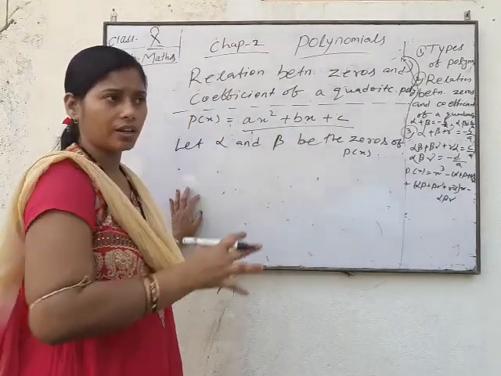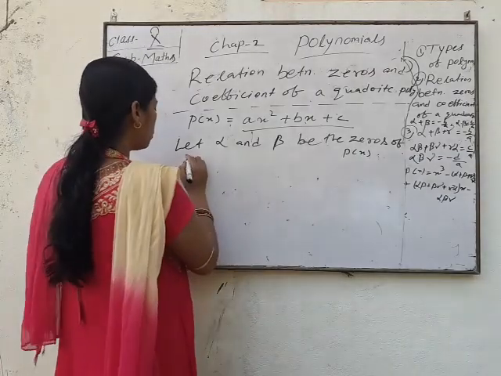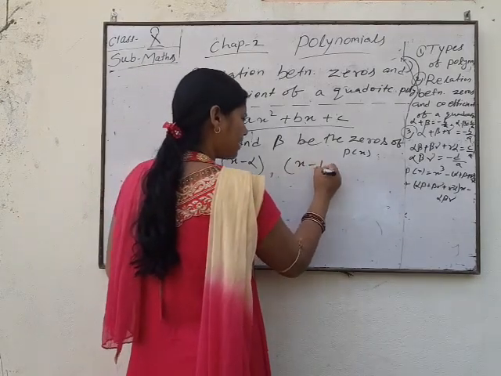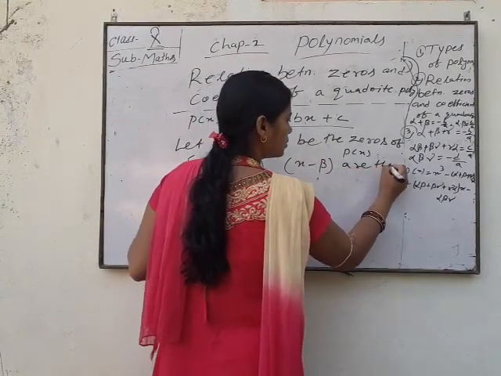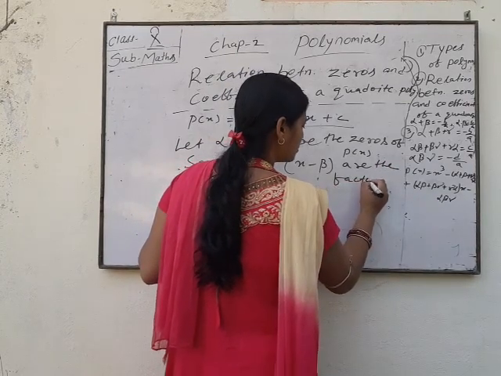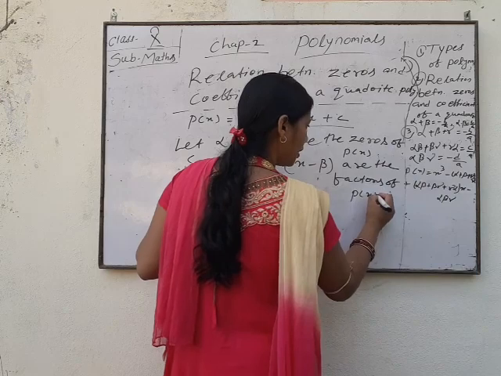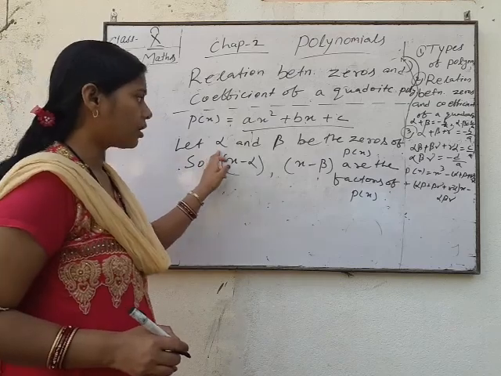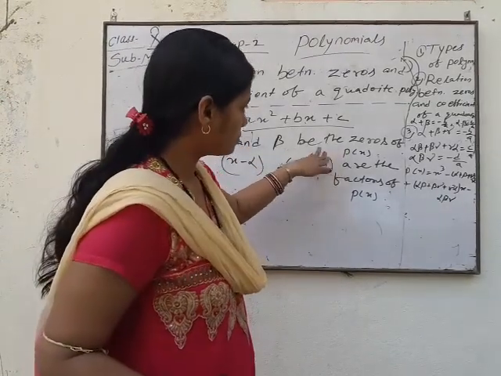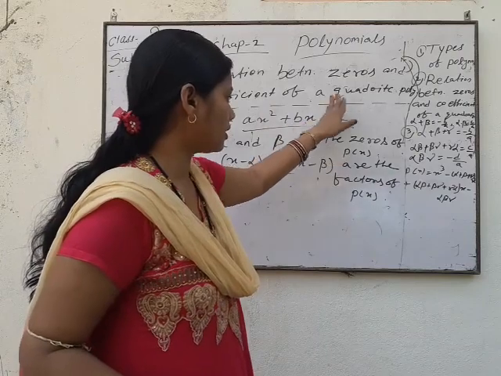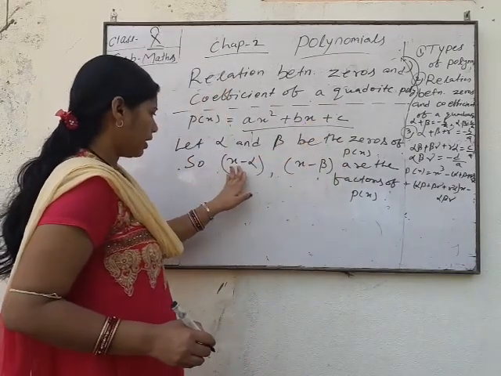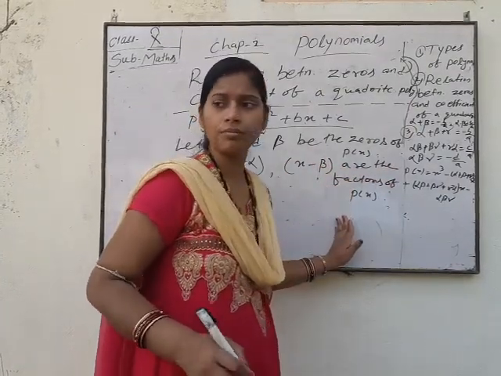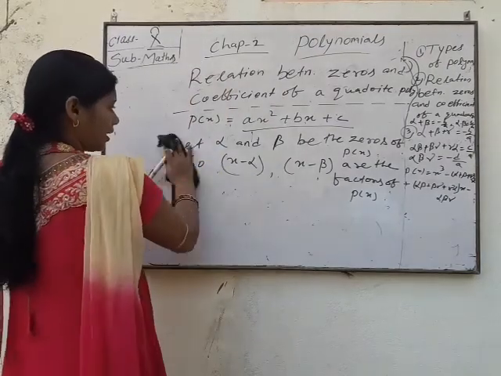It means in a quadratic polynomial, x minus alpha and x minus beta are the factors of p of x. Look here, your main important point is if alpha and beta are the zeros of the given quadratic polynomial, then x minus alpha and x minus beta are the factors of p of x.